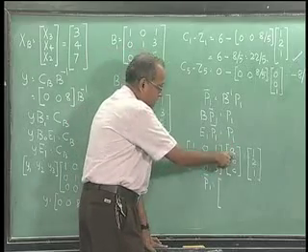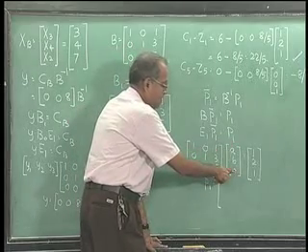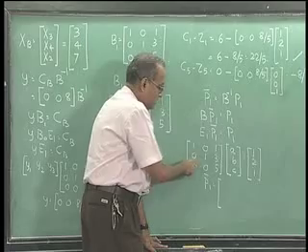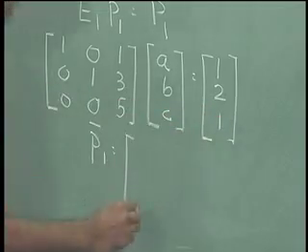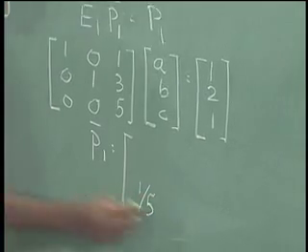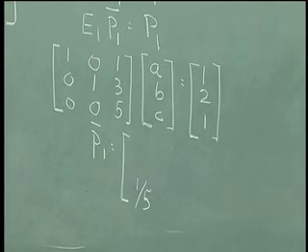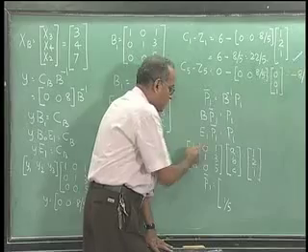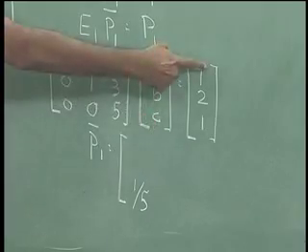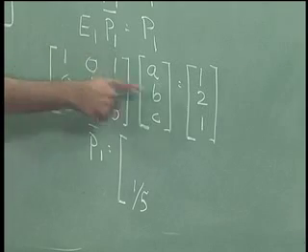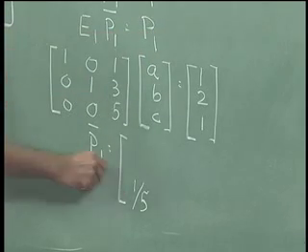So, what we will do now is take 0 into A plus 0 into B plus 5 into C, which is the third equation. 0 into A plus 0 into B plus 5 into C is equal to 1. So, C is 1 by 5. From the first equation, 1 into A plus 0 into B plus 1 into C is equal to 1. So, A plus C is equal to 1, C is 1 by 5.